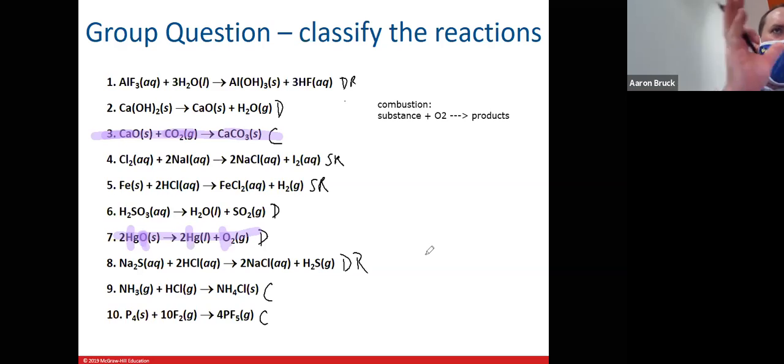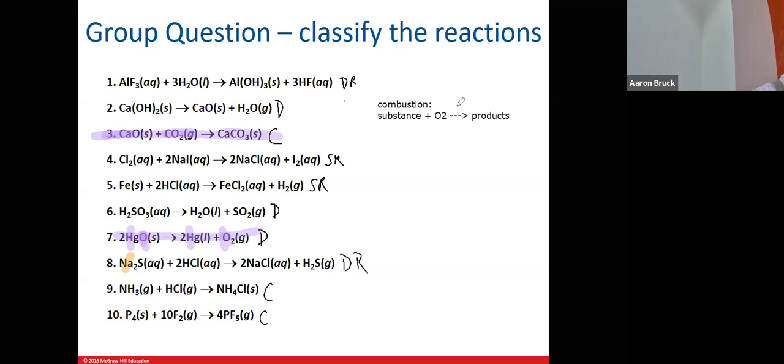Everything that was present in the reactants is present in the products as well in its ionic form. And that's the thing that you really have to kind of remember, is that replacement reactions happen with ionic compounds. And those ionic compounds tend to have similar charges before and after.